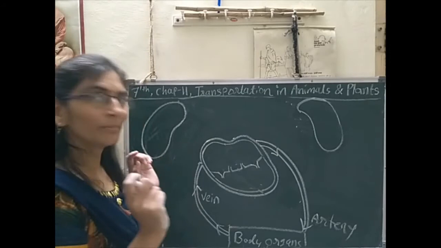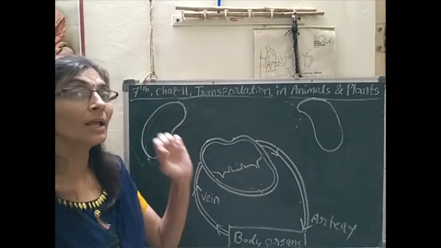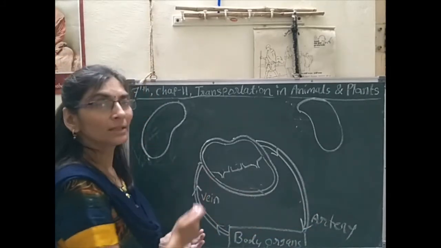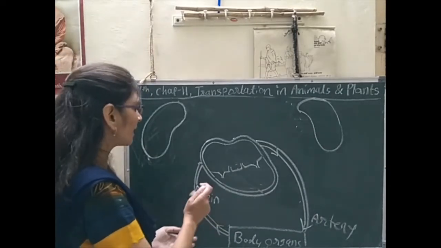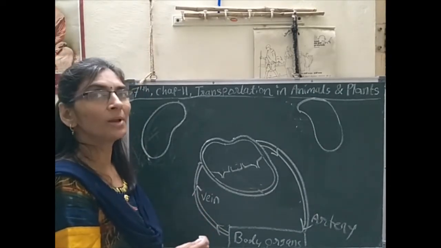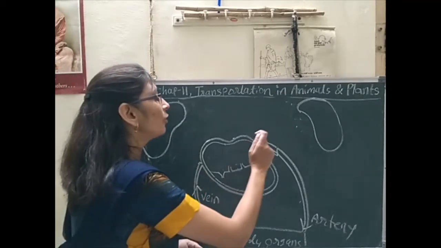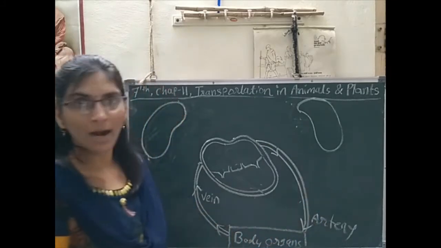Again, one major difference is that the walls of veins are very thin as compared to the walls of arteries. Because the pressure of blood, the flow of blood, is not as rapid as the flow of blood which is flowing through the arteries.